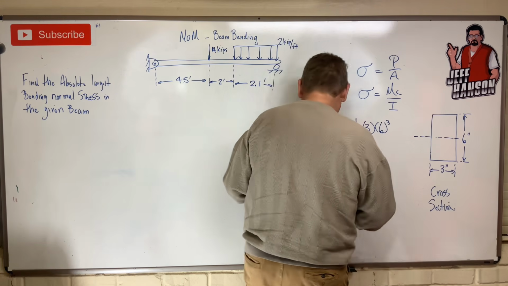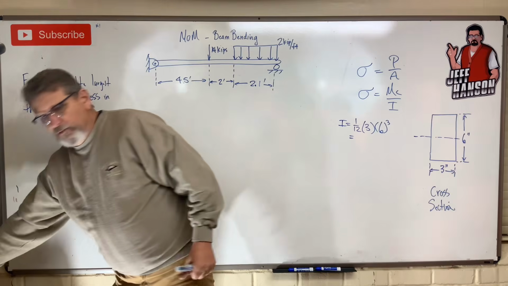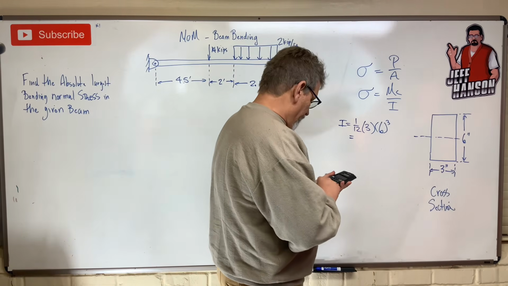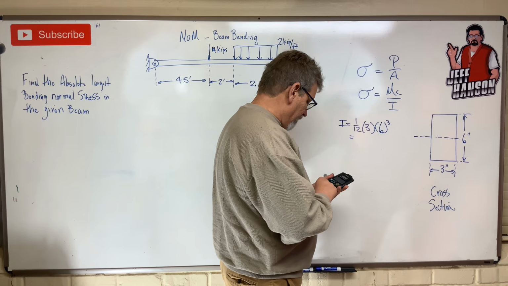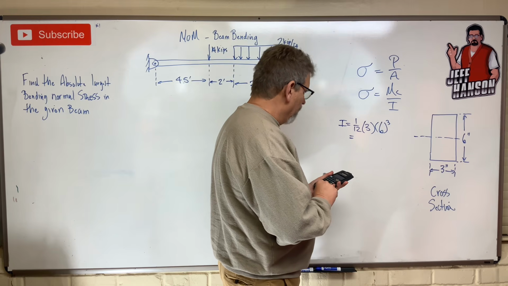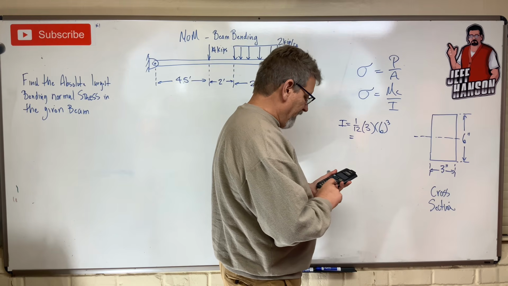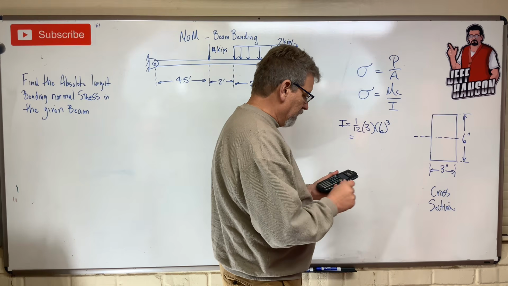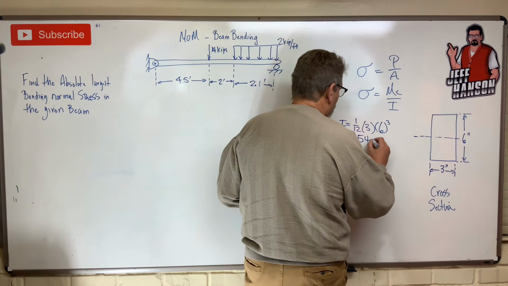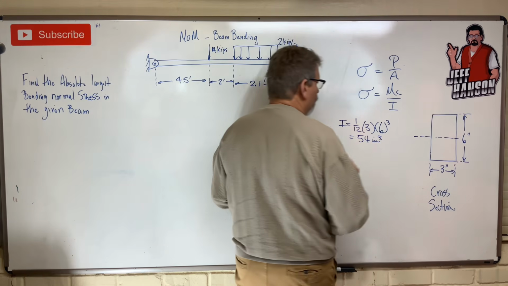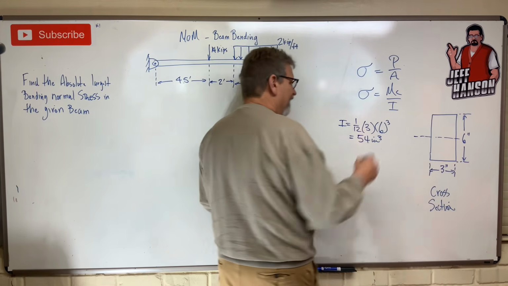So, calculator: 3 times 6 cubed divided by 12 equals 54. It's 54 what? Inches to the fourth, okay? That's that guy right there.